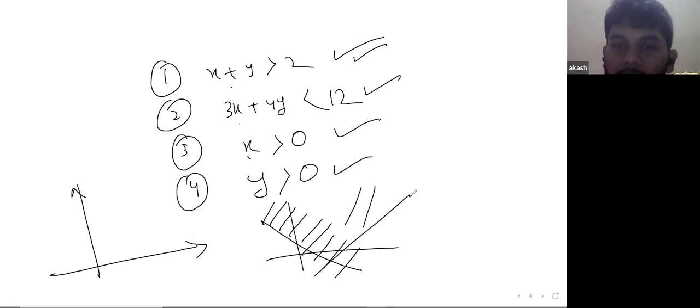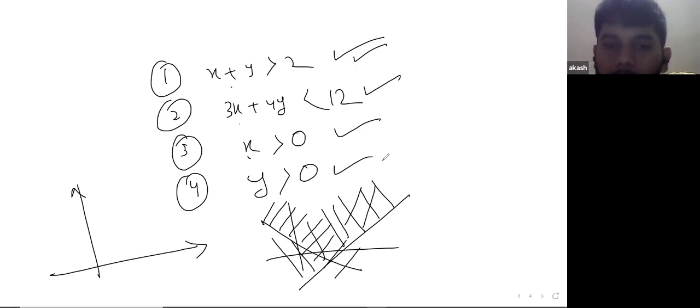If suppose this line is like this and you are having this shade as the area, then shade this. It might look messy, but you can use different colors also, no problem. All right. For all the lines, do this, and the common area, the area which has all the colors of the shading, is your solution. All right.